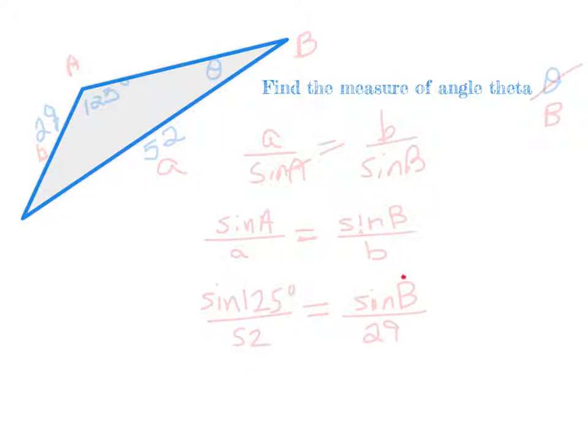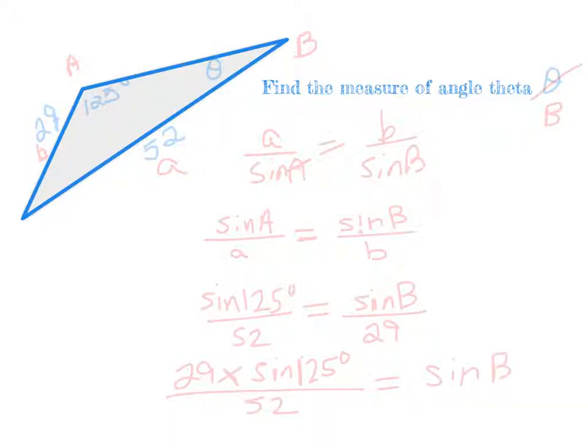Okay, now to get sine of B by itself, right now we're dividing by 29, so we would do the opposite. We would multiply both sides by 29. So we'll get 29 times sine of 125 over 52. And that's going to be equal, not to B, but the sine of B.